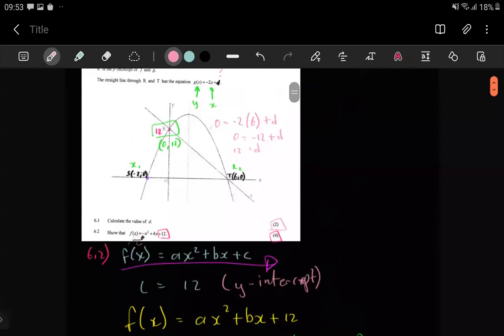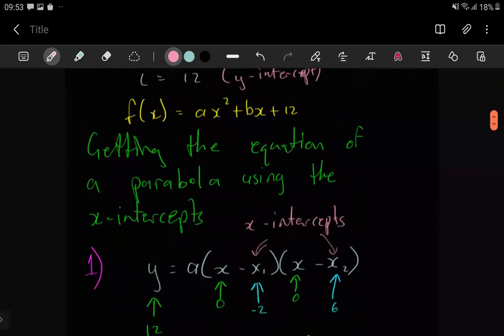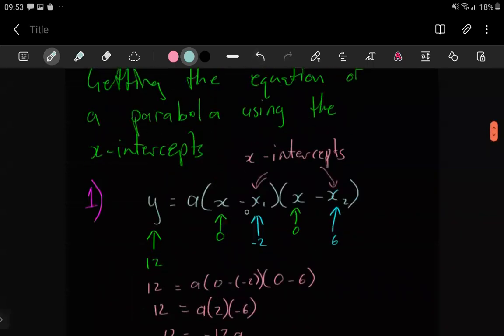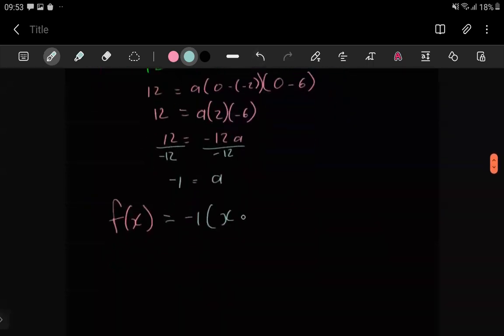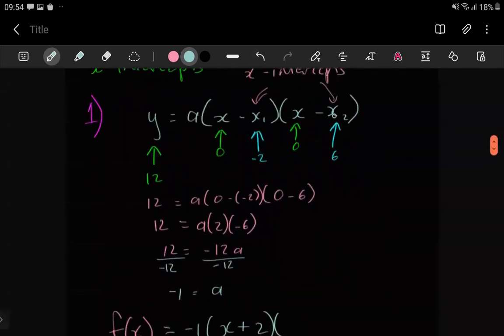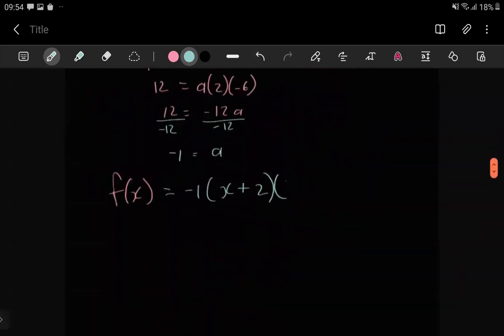You will end up with the equation up there. So let's do it. In the equation of f of x, where a is, we put a -1, and then it's x minus negative 2, so that's going to be x plus 2. And for the other one, there's a 6 here, so it's x minus 6.